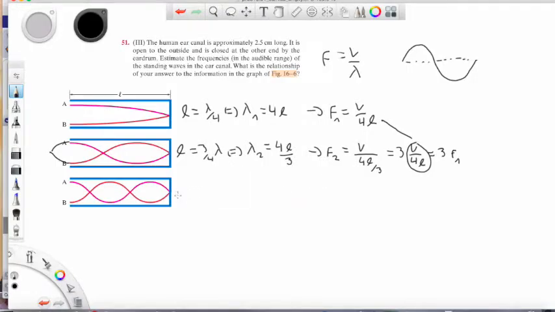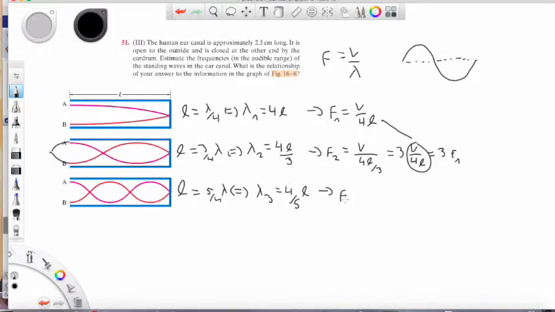In the third case, we have L equaling a little bit more than one full wavelength. In fact, it's one full wavelength and 1/4, which is 5/4. In this case, the wavelength turns out to be 4/5 of the length of the canal.